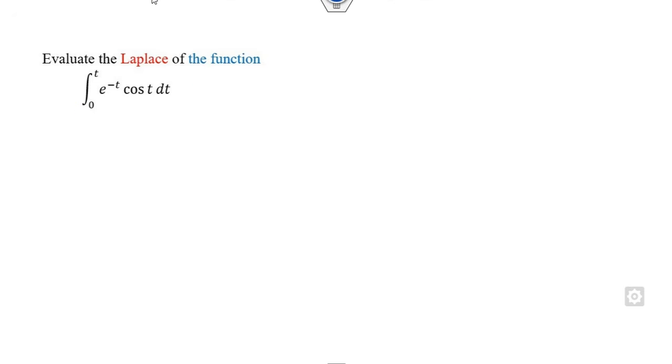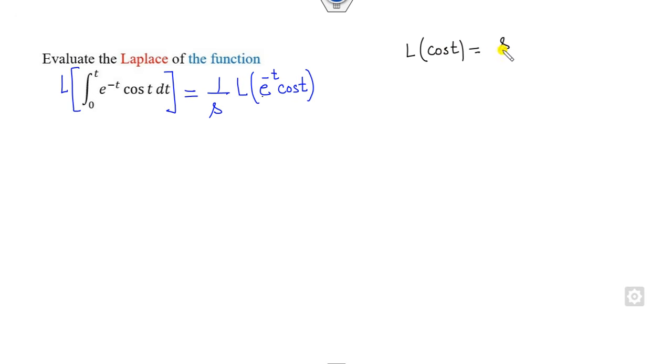So again your target is to find the Laplace. It will be 1 over s times the Laplace of the remaining quantity. Now how can you find the Laplace of this? It is very simple, because the exponential term is present, I can apply the first shifting theorem. What is the Laplace of cos t? It is s over s square plus 1.